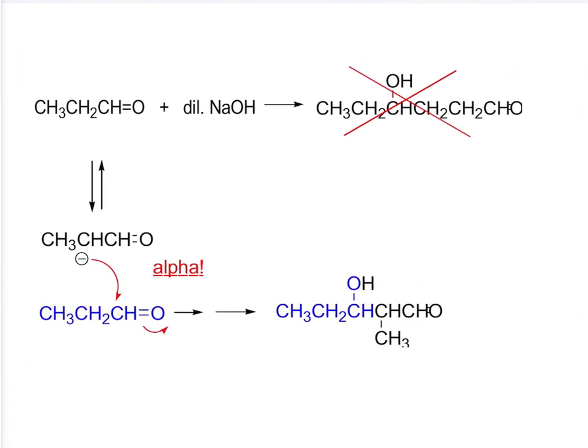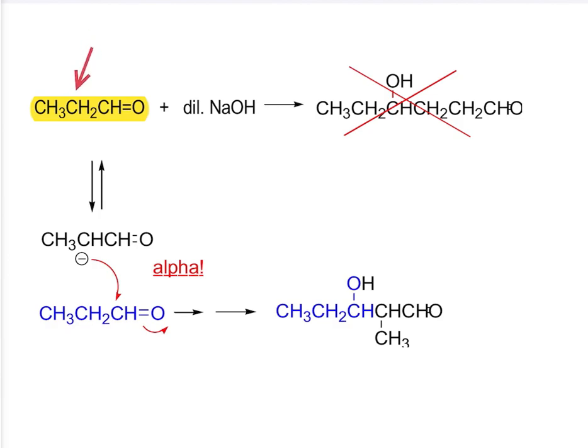Now, there is a technical point here I want to discuss. As you can see in this example, we have a 3-carbon aldehyde, that is propanal. This propanal, in the presence of base, must produce an enolate, but sometimes students get confused about which kind of enolate it will produce.